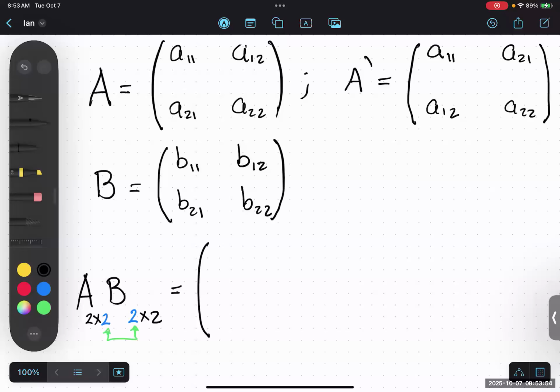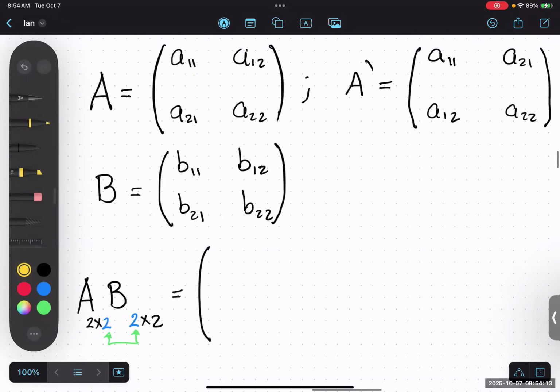The product also is simple because it follows a specific order. And the order is that the element in the first row, first column, comes from multiplying the first row in matrix A and the first column in matrix B. Let me mark this in the corresponding matrices, and you will see. So you see how it makes sense? This is the position 1, 1.